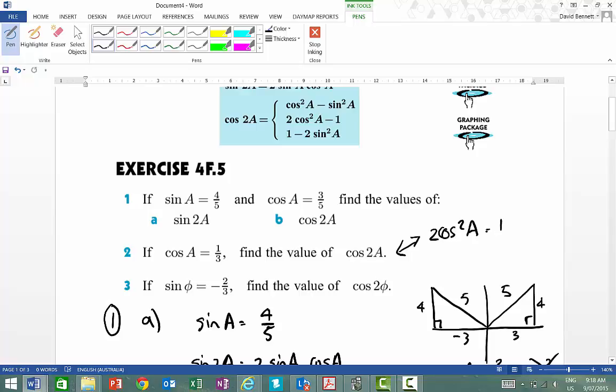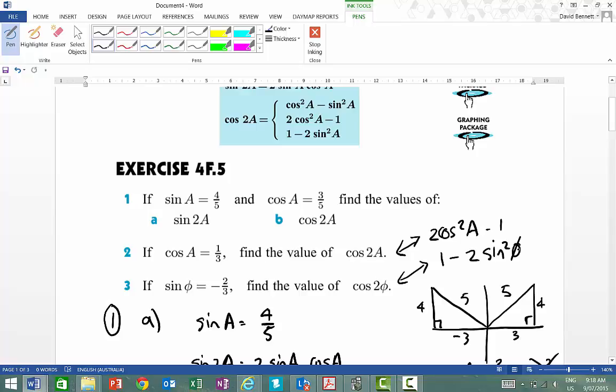You basically use what you've been given. Again, if I was doing part 3 over here, because I've been given sine phi, I'm going to use the one with sine in it. So I'm going to say that's equal to 1 take 2 sine squared phi.